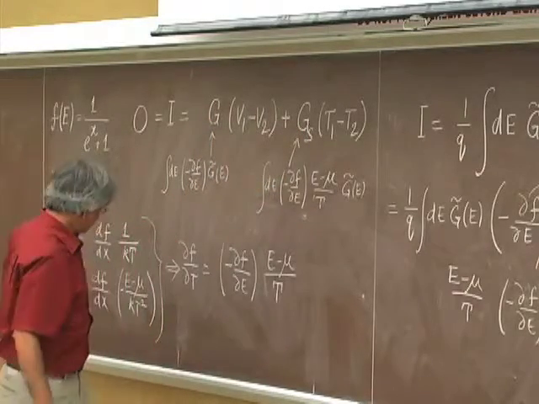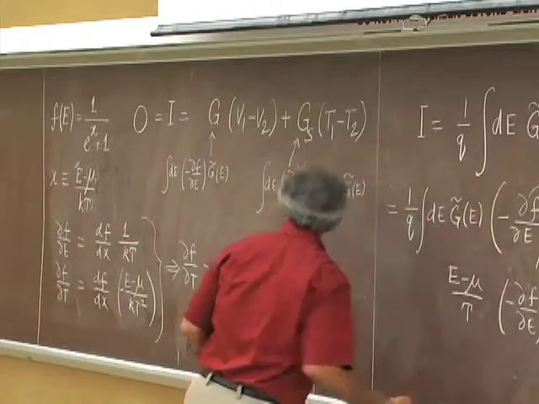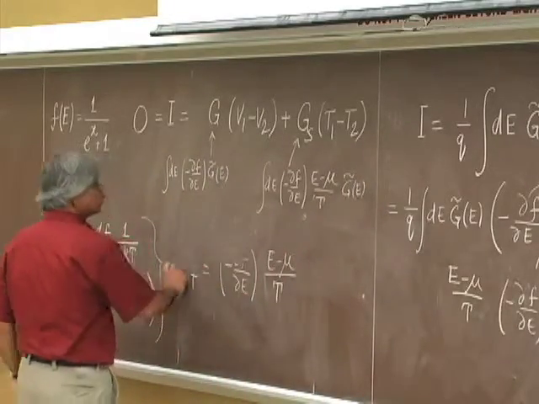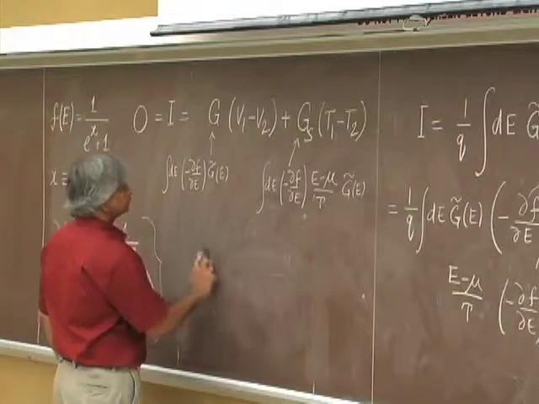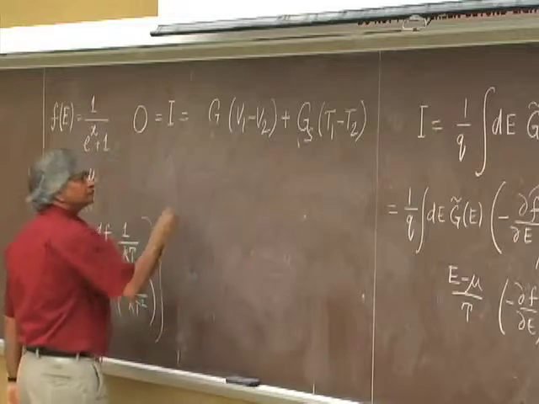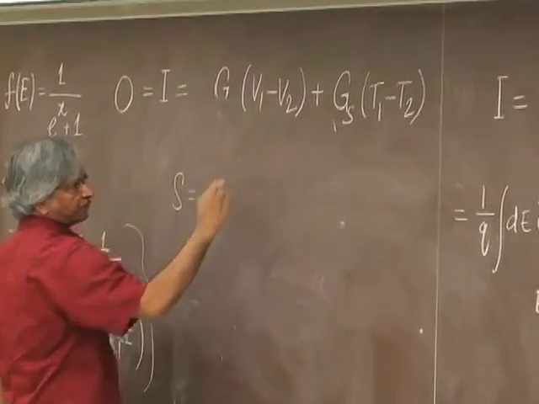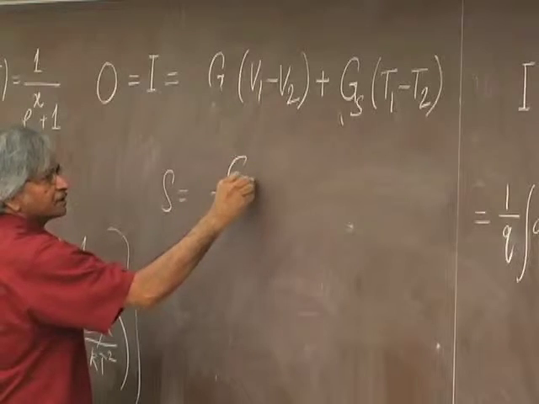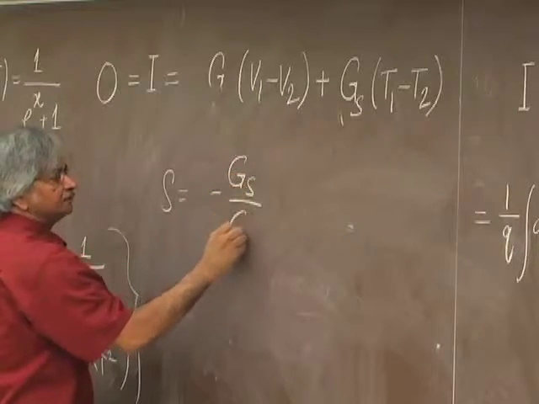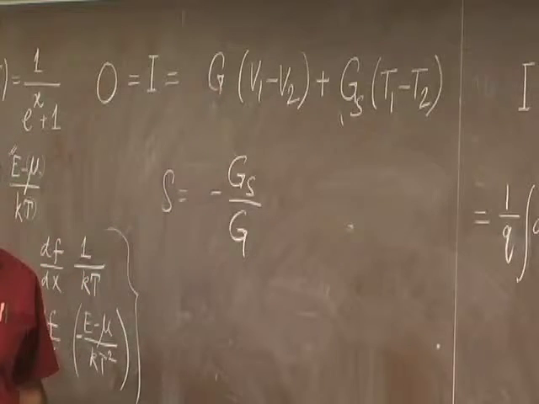So the Seebeck coefficient would be the ratio of this voltage to the temperature, and that would come out as minus GS over G under open circuit conditions. So that's what is usually measured.